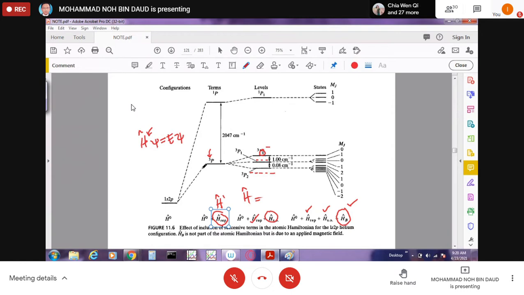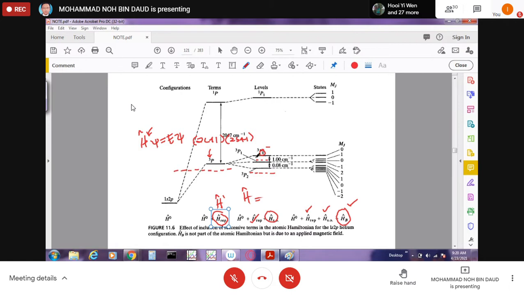So we have 2L plus 1 times 2S plus 1, 9 degenerate energy: 1, 2, 3, 4, 5, 6, 7, 8, 9.